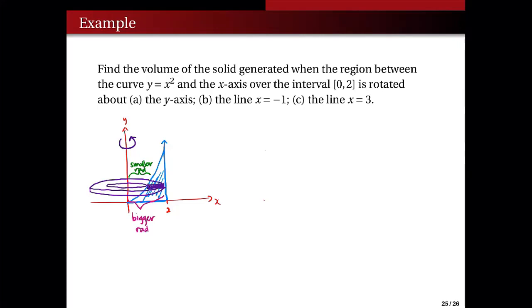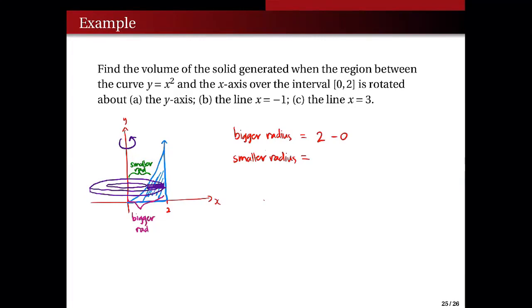So let's write that. Bigger radius is equal to this guy, x equals 2, minus the y-axis, which is x equals 0. So it's just 2 minus 0. And the smaller radius is from the function minus x equals 0.